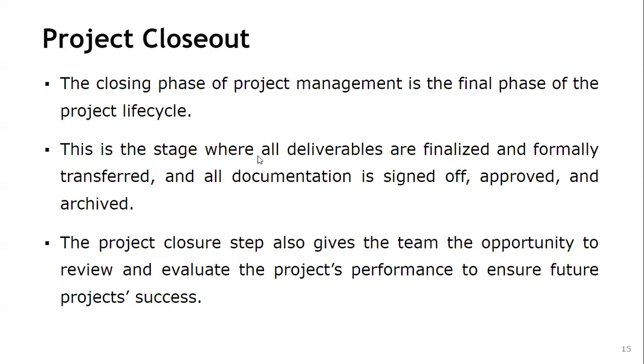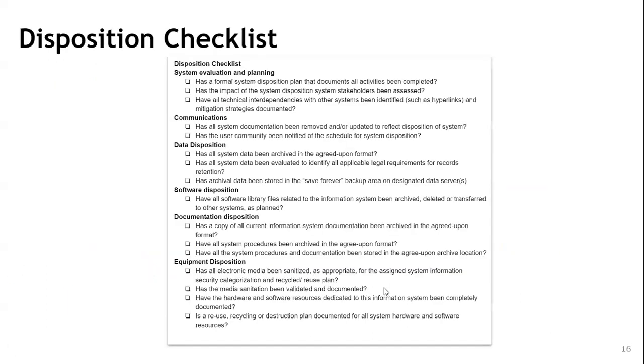This is the stage where all deliverables are finalized and formally transferred, and all documentation is signed off, approved and archived. The project closure step also gives the team the opportunity to review and evaluate the project's performance to ensure future project success. So this is in short what we can achieve from the last phase, which is the project closeouts. Here is the checklist.